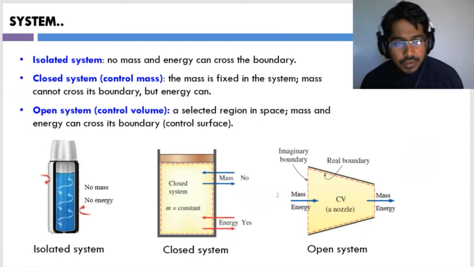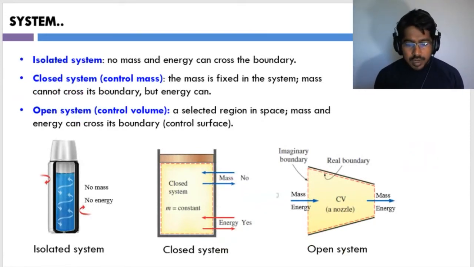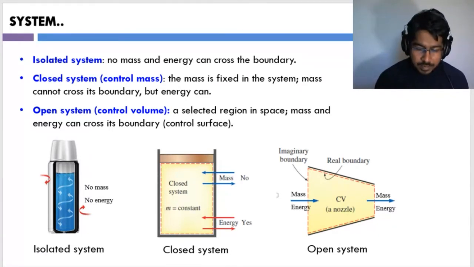Now we'll look into the concepts of isolated system, closed system, and open system, right? You remember we discussed this in a previous slide to get your brain working on this one. So if we think of your thermos, right?